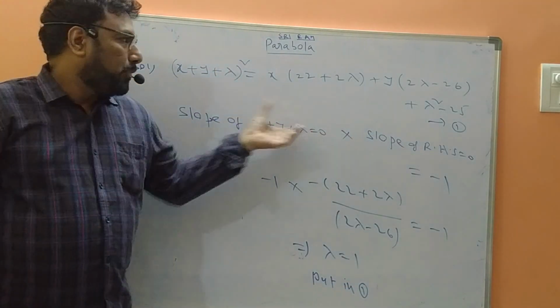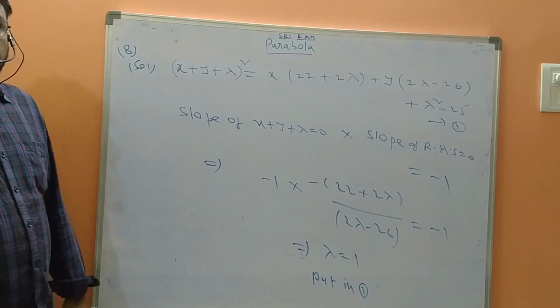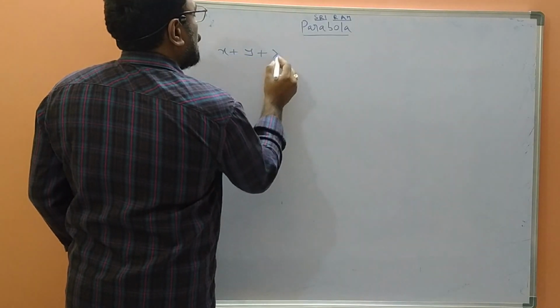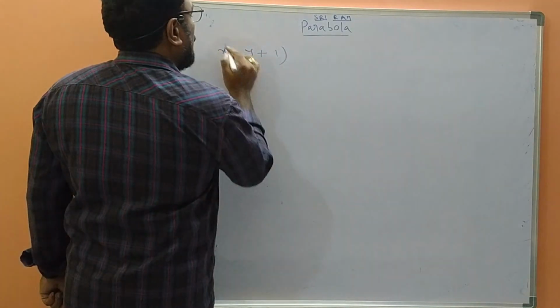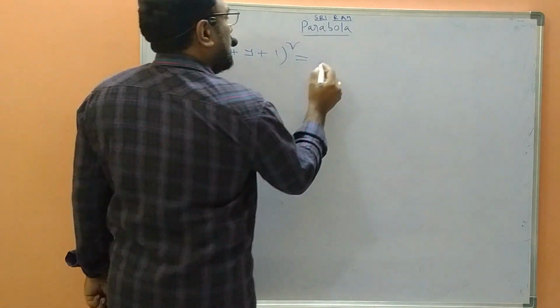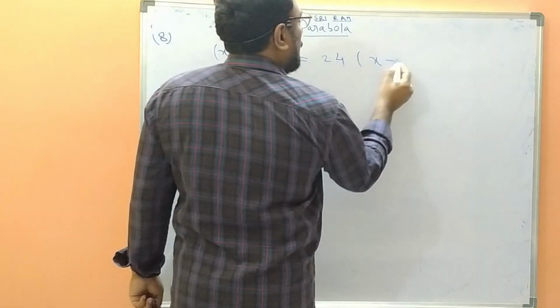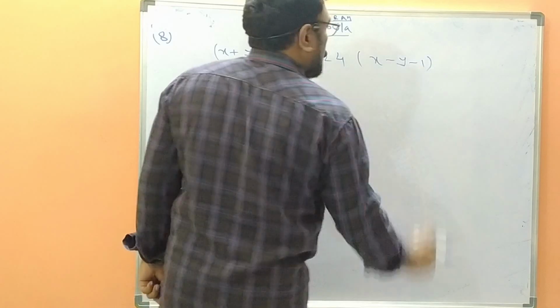It is a very important point. (x plus y plus 1) whole square equals 24 into (x minus y minus 1).